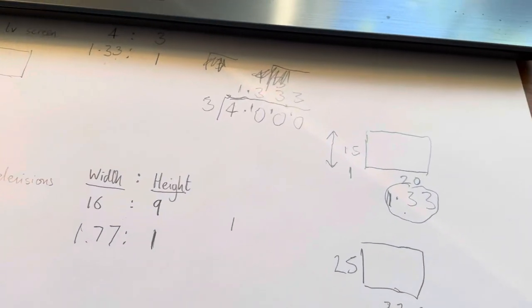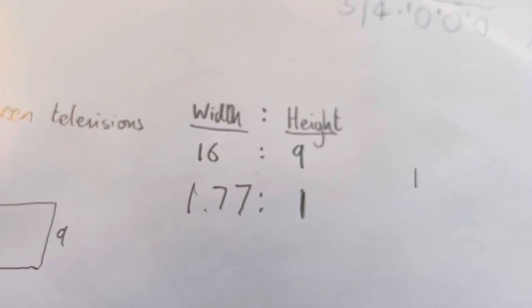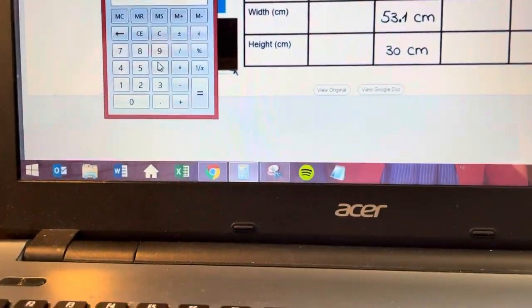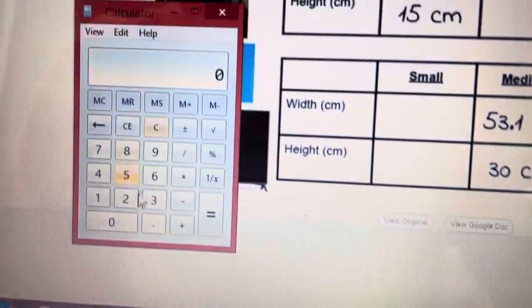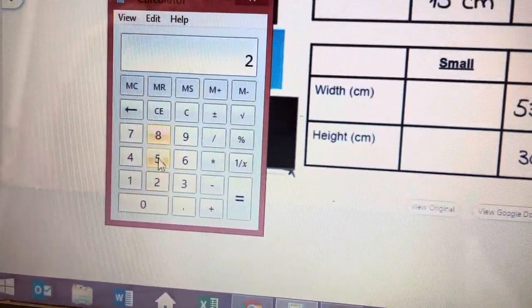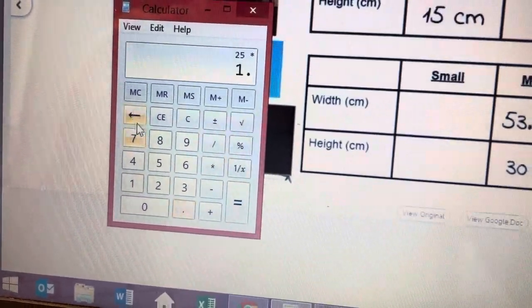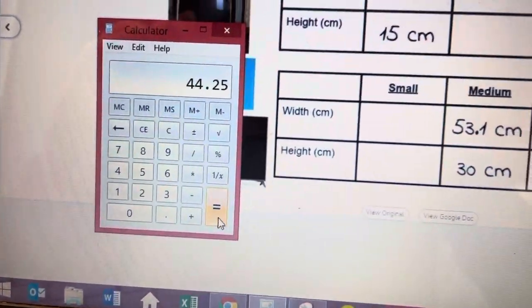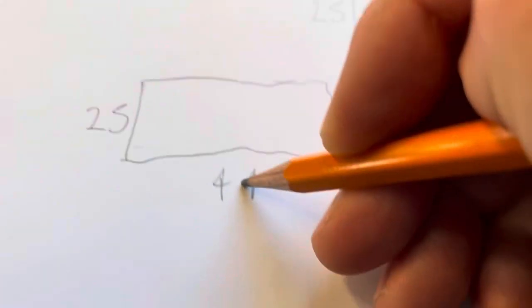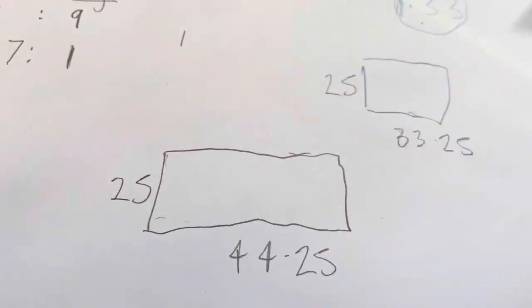So let's do a small one, let's take 25 centimeters again. If the height is 25 centimeters, we're going to multiply that by our 1.77. So here we go. 25 times 1.77 is 44.25.